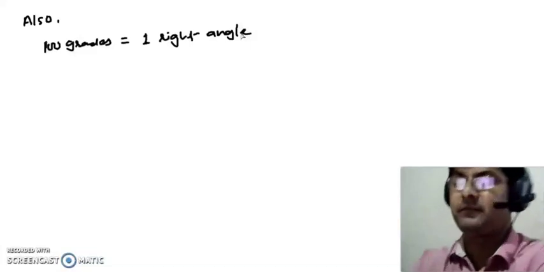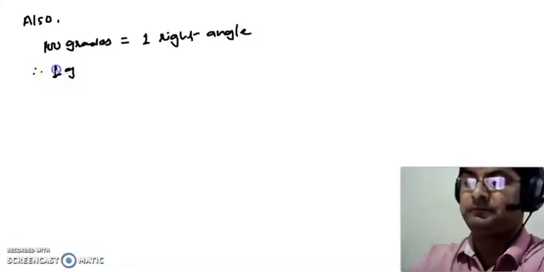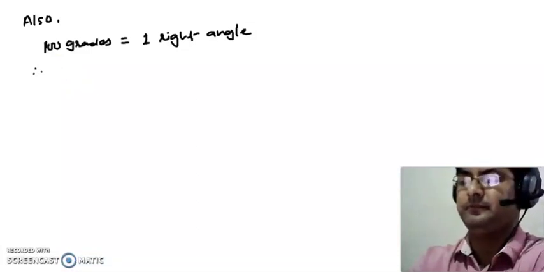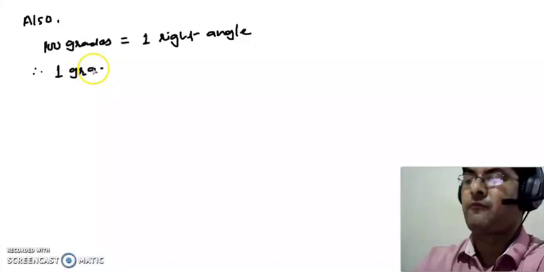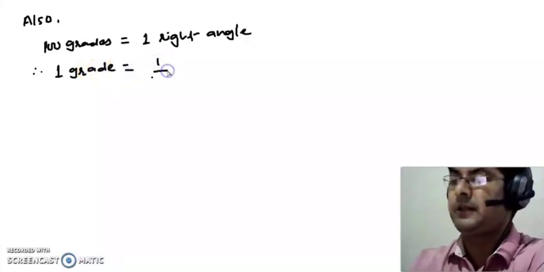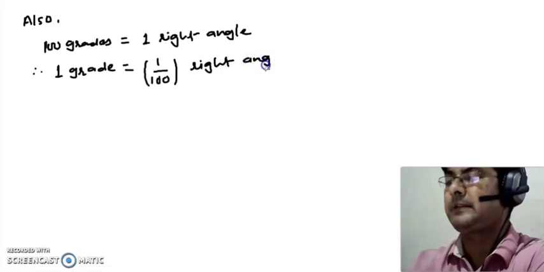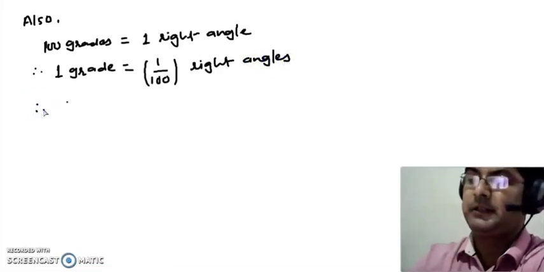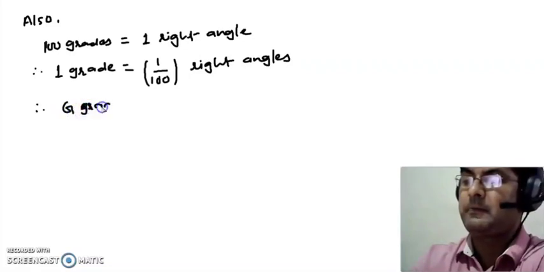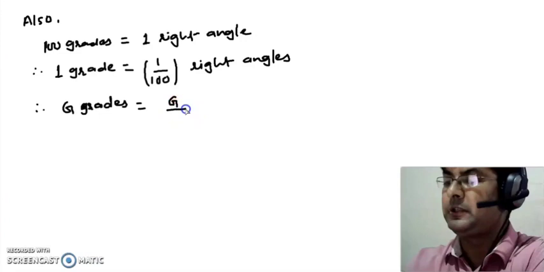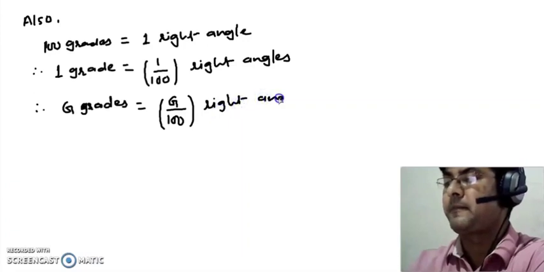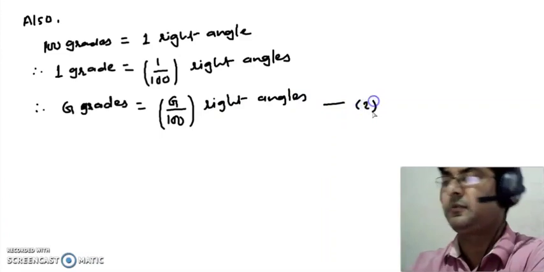Each part is called a grade, and therefore, if there is one grade, there are 1 by 100 right angles, and if there are G grades, then G grades will be equal to G upon 100 right angles. Okay, this is result number 2.